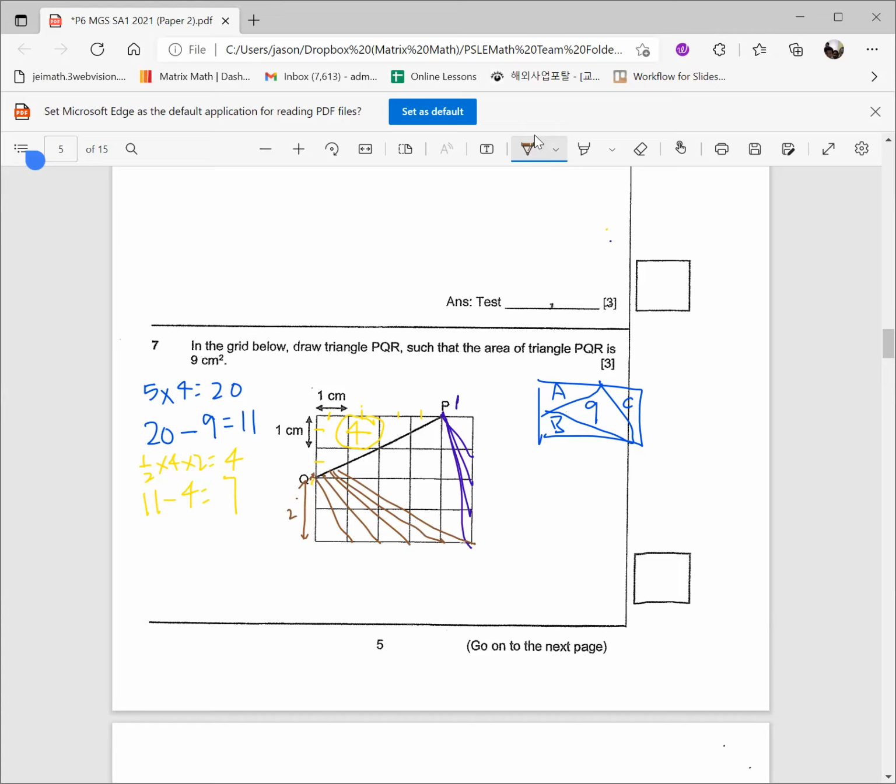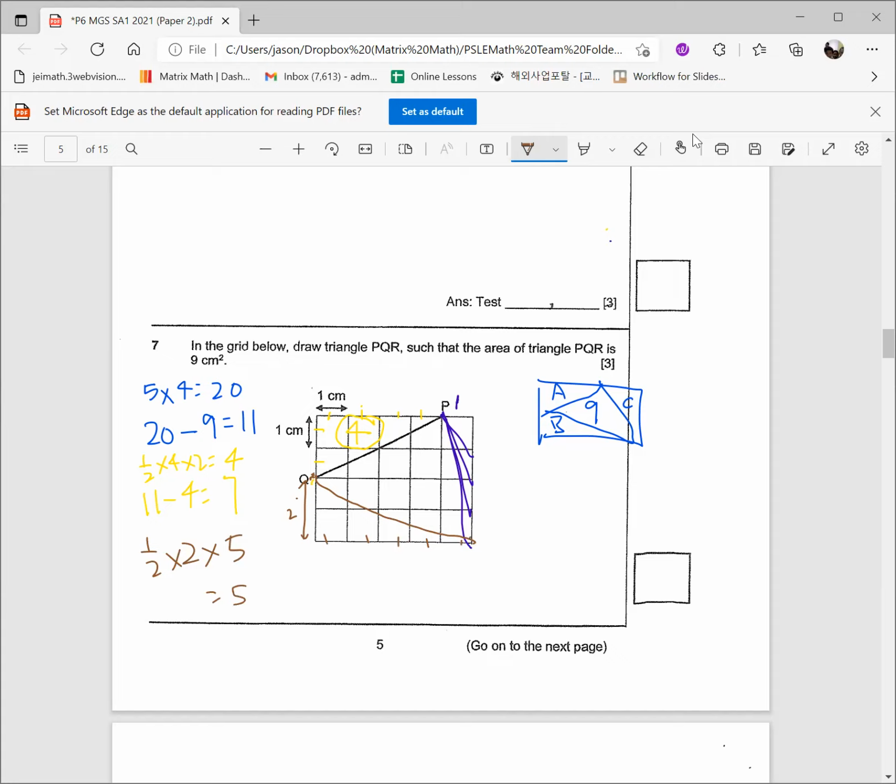Next, I start with the max triangle. I usually start with the max first. The max triangle for the bottom is this. This is the biggest it can go. The area of this triangle will be half times base 2 times height 5, which gives you 5.